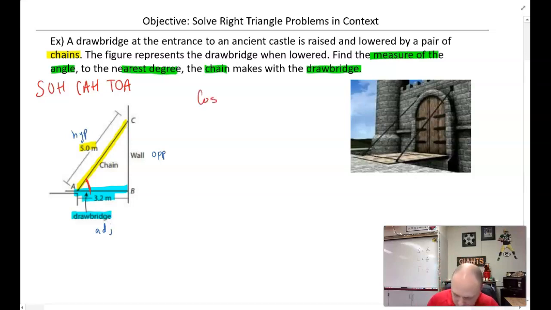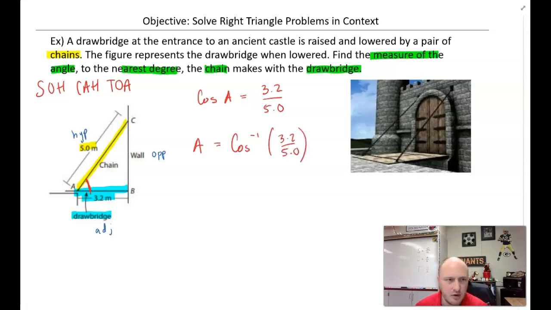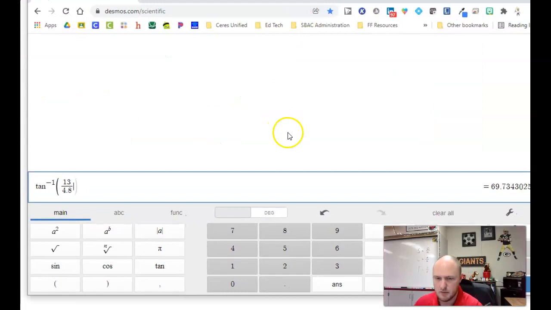So cosine of angle A is equal to adjacent 3.2 over the hypotenuse, which is 5.0. Since I want to solve for an angle, I'm going to use the inverse trig function. So A is equal to cosine inverse of 3.2 over 5.0. We'll plug this in.